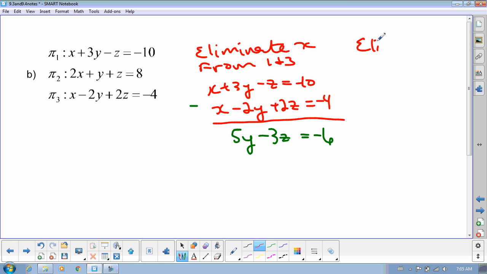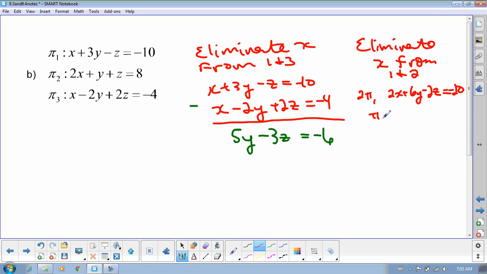Now I'm going to do the same thing. I'm going to do 1 and 2 this time. So I need 2 pi 1. So I have 2x plus 6y minus 2z equals negative 20. Rewrite pi 2. So 2x plus y plus z equals 8. So again, I'm going to subtract. 2x subtract 2x goes away. 6y minus y is 5y.